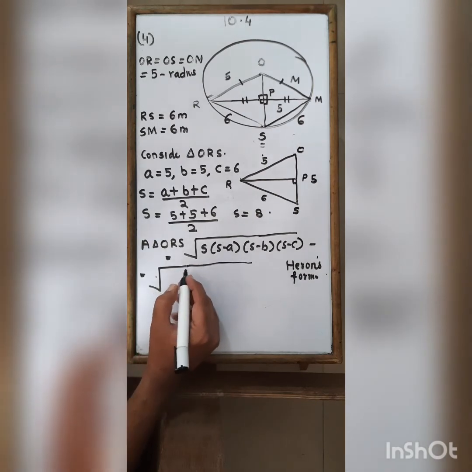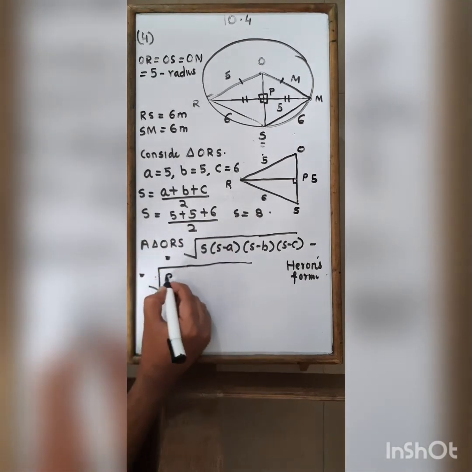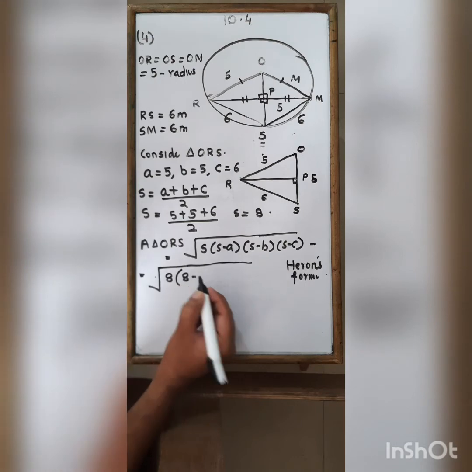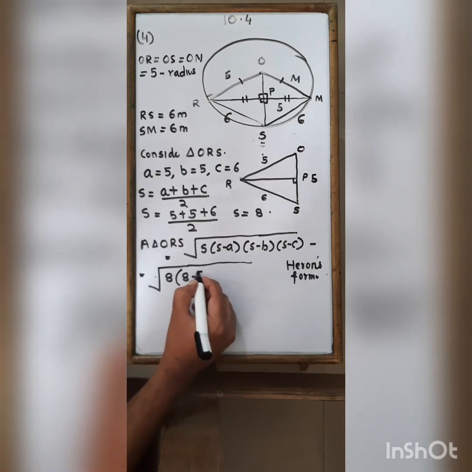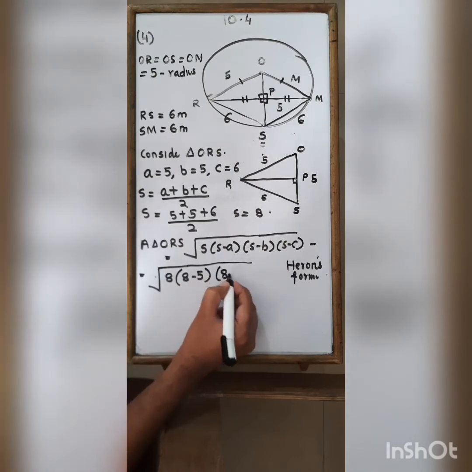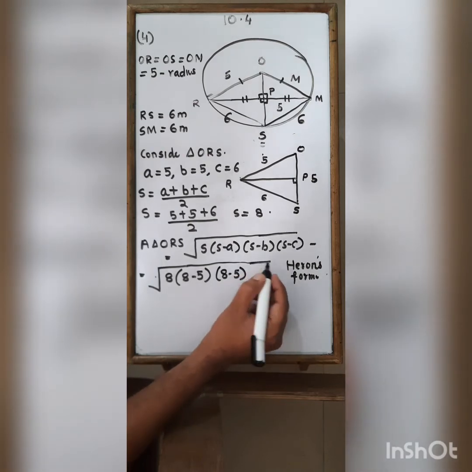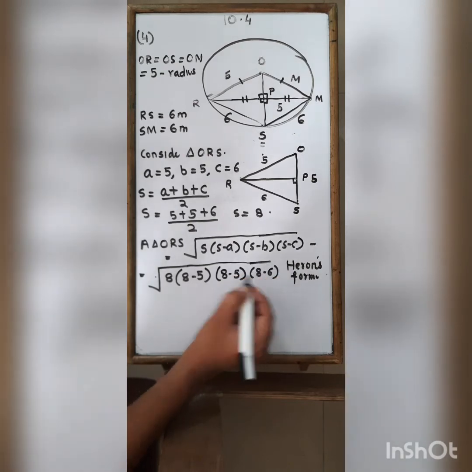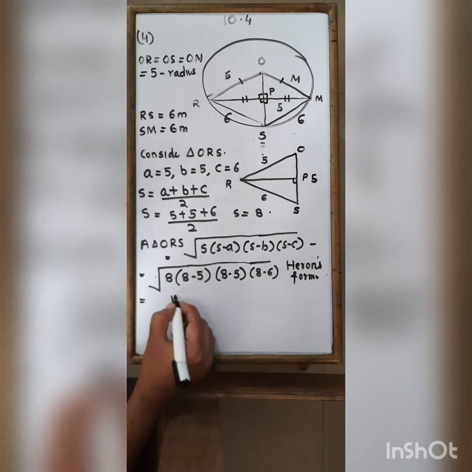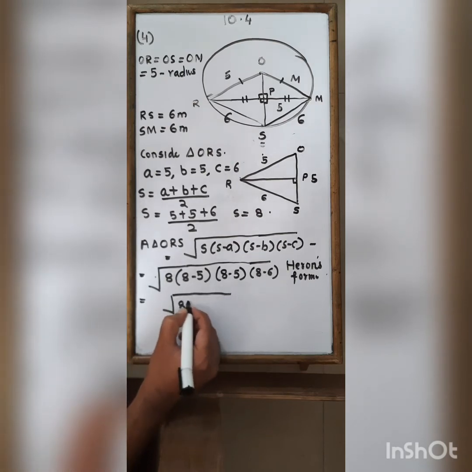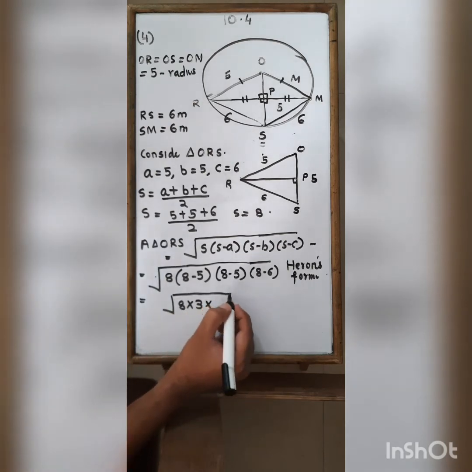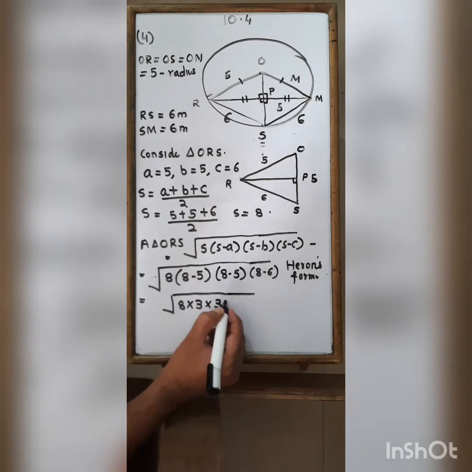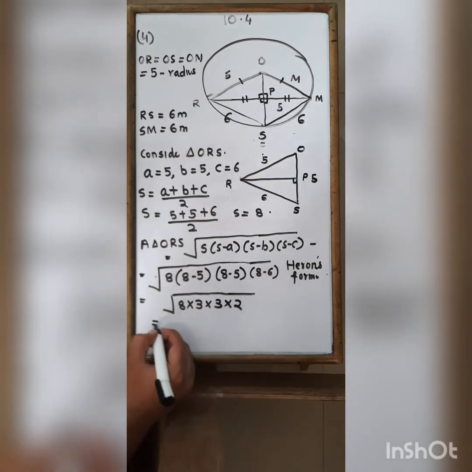So this becomes the square root of 8 into 8 minus 5 into 8 minus 5 into 8 minus 6. So this becomes the square root of 8 into 3 into 3 into 2.